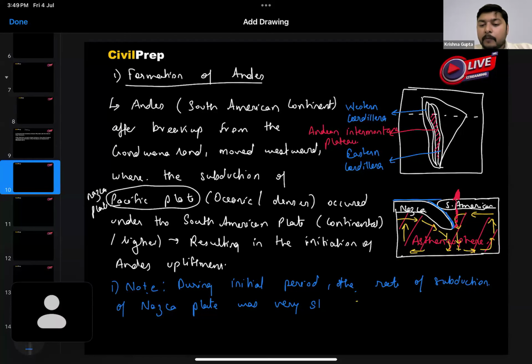Due to this there was magma. It resulted in the formation of mountains. Whatever magma was outpouring here resulted in the formation of mountains.